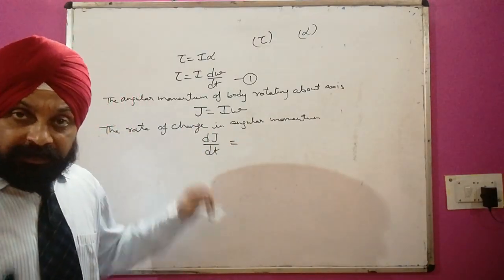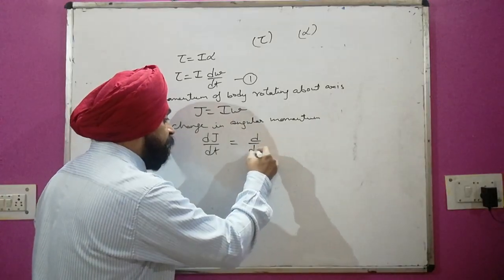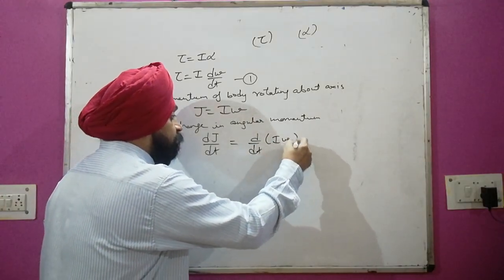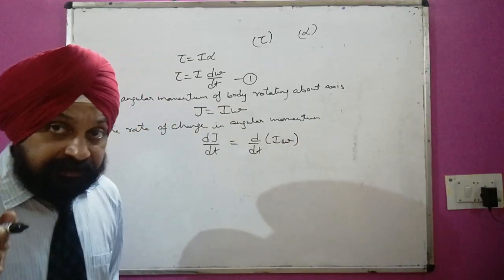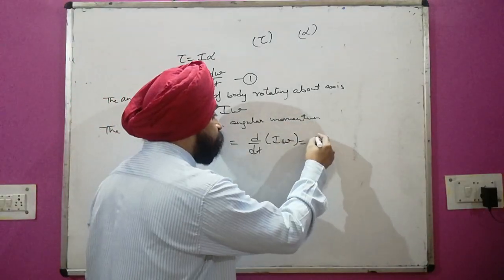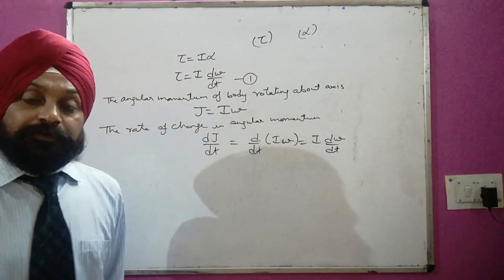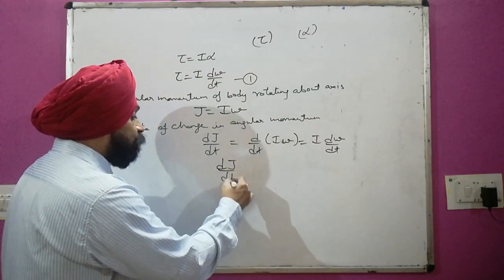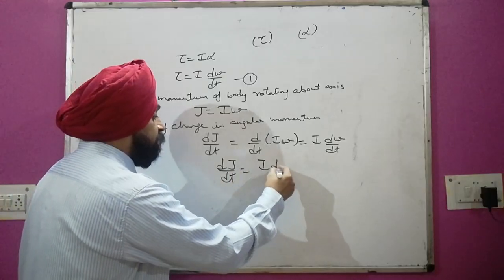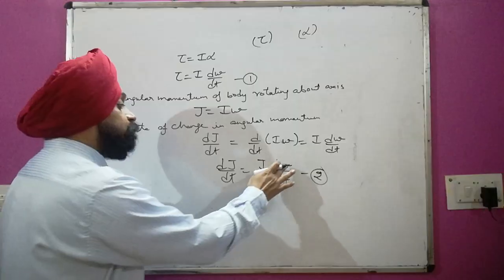So I is constant and comes out. Differentiation is applicable to omega only. So dJ by dt equals I d omega by dt, which is equation number 2.